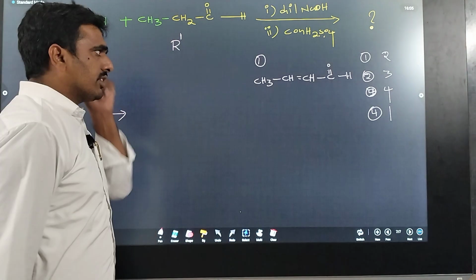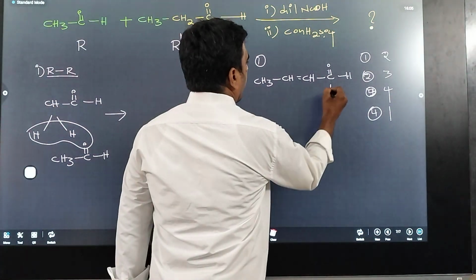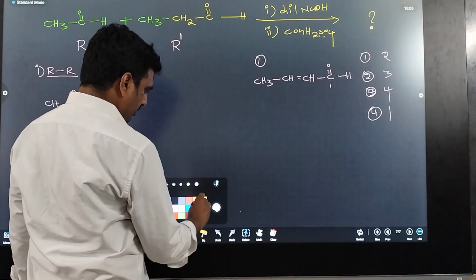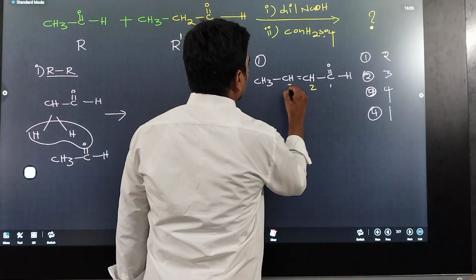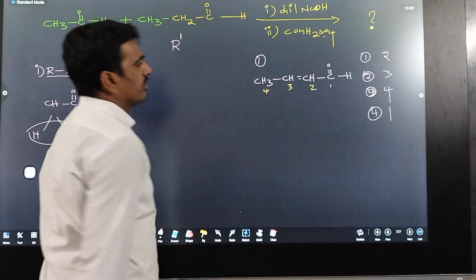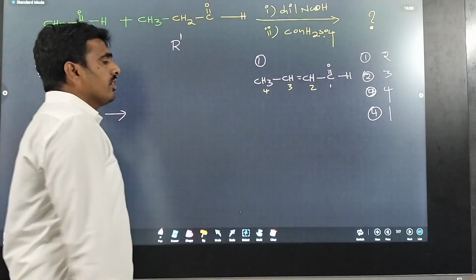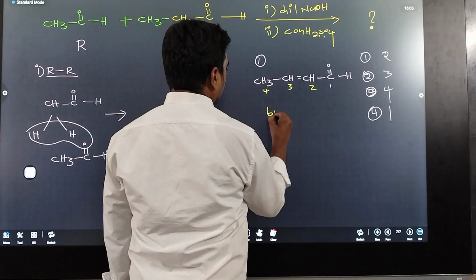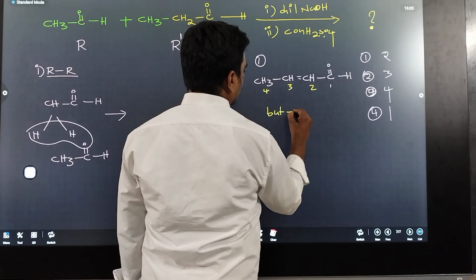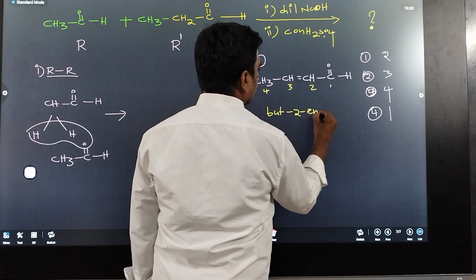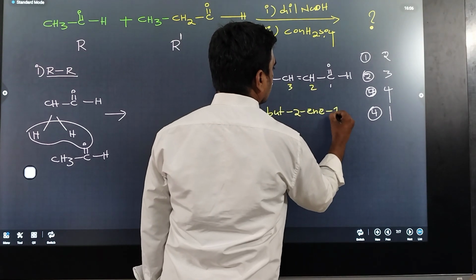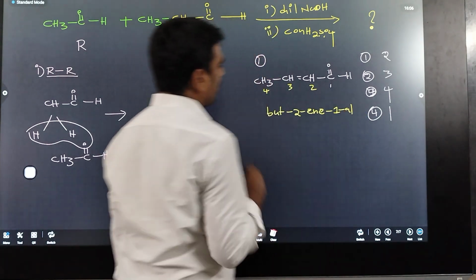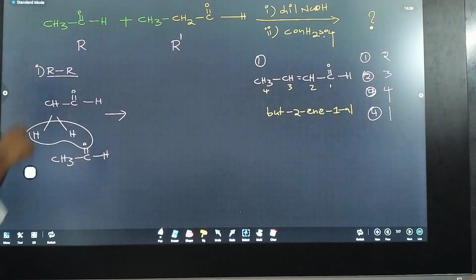This compound name is, 1, 2, 3, 4, root word is but. Second position 2-ene, and 1-al. But-2-en-1-al. This is the first product.